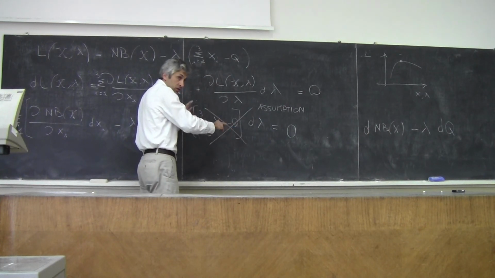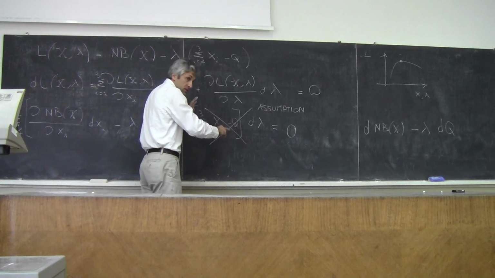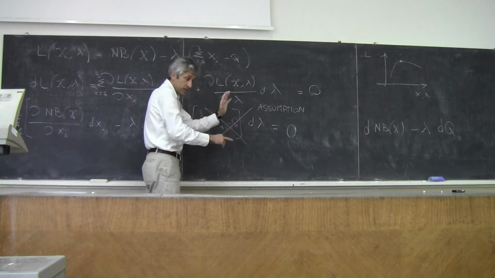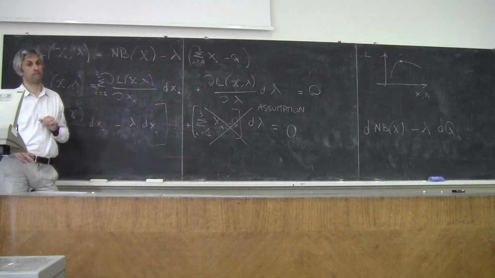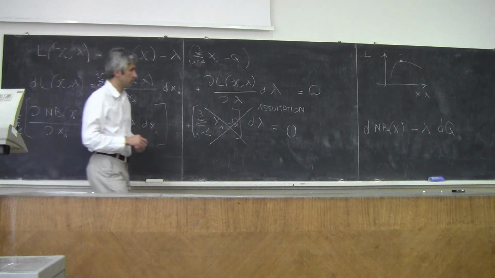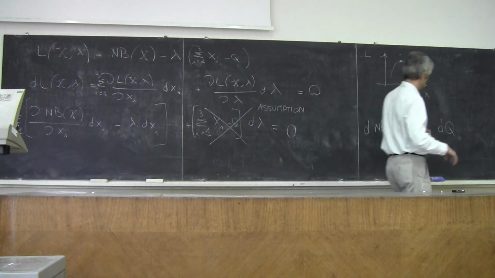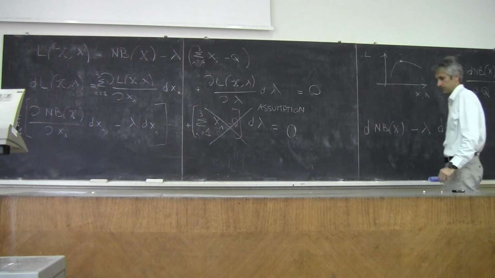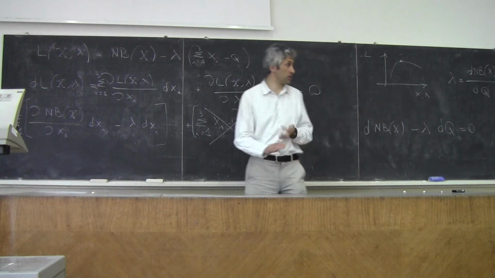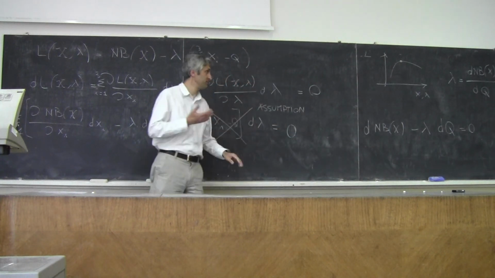At this stage, if you take dx1 plus dx2 plus dx3, it's equal to dq. But the total differential is 0. And then what you find is that lambda is equal to dNB(x) over dq, which is what we wanted to find.